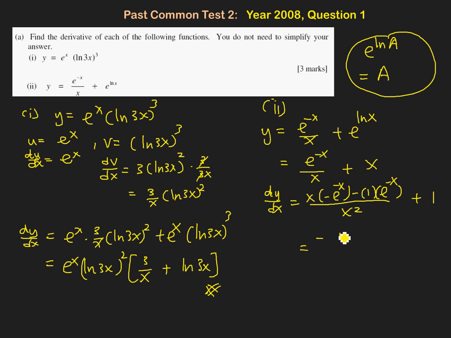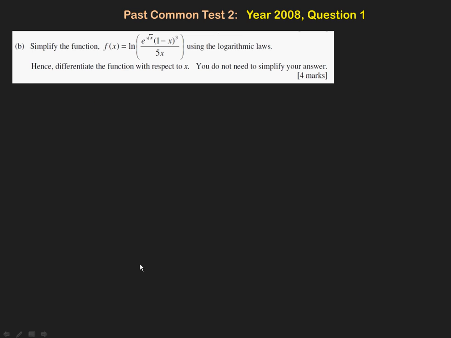What else? And oops, write properly. And I would not simplify further. Just leave the answer as follows. And let's move on to the next part.